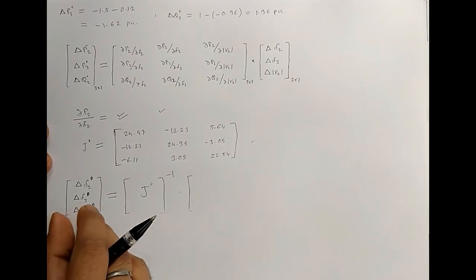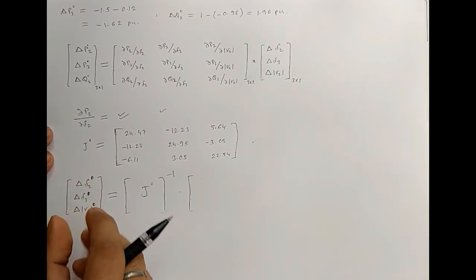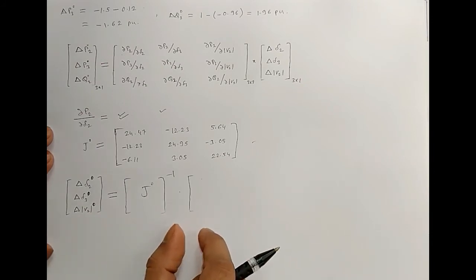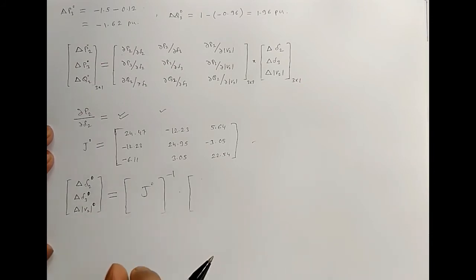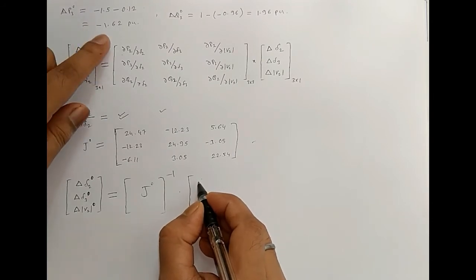After the summation, after adding this error part to the assumed values, we will get the corrected values of the particular unknown parameters.